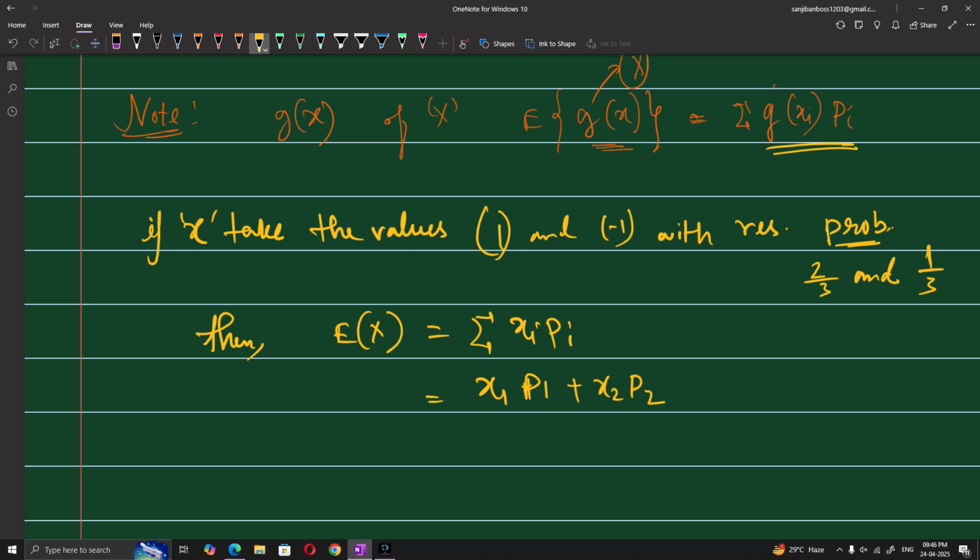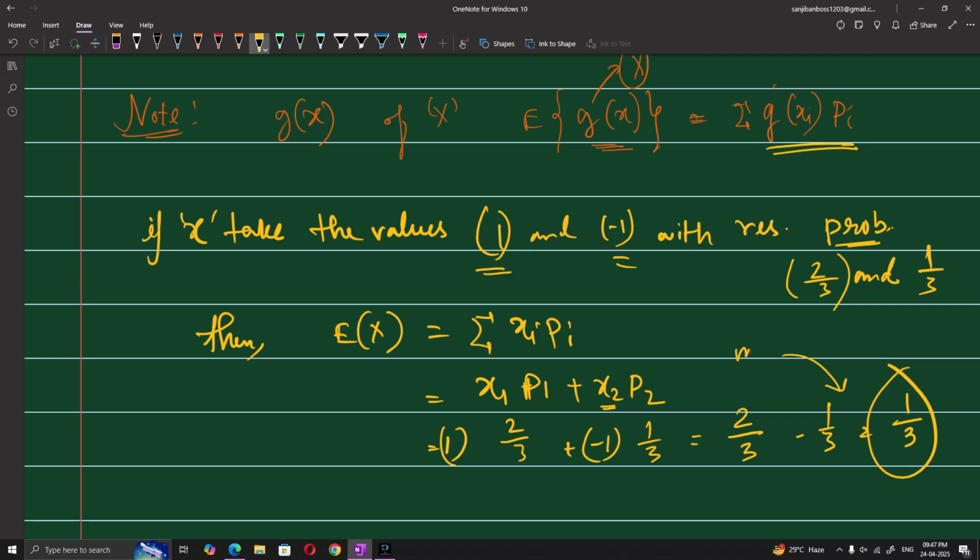And what is the x1 in this? This is 1. And what is the x2? This is minus 1. And p1, what is the p1? 2 by 3. And what is p2? 1 by 3. This is nothing but 2 by 3 minus 1 by 3, 1 by 3. This is our expected value. This is nothing but the mean.